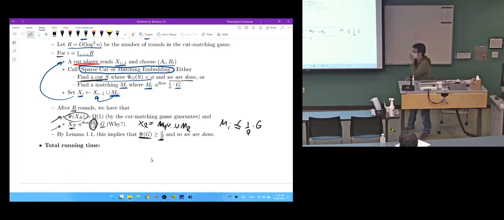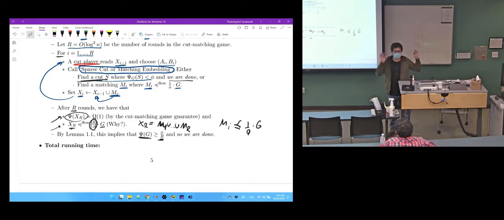Question? The matchings which we are choosing are chosen by the cut player in a sense that they spread all over the graph so that it's well connected, right? No, sorry, not the cut player. The matchings are such that the union is finally becoming an expander, right? We really don't have any control on the matching.